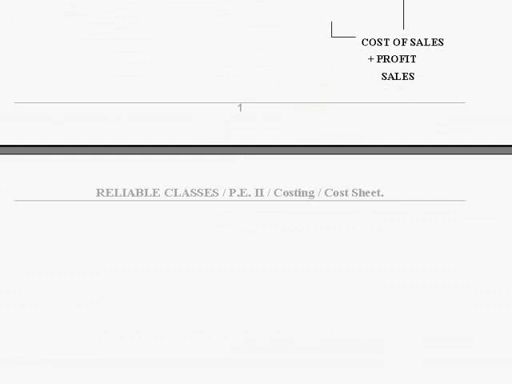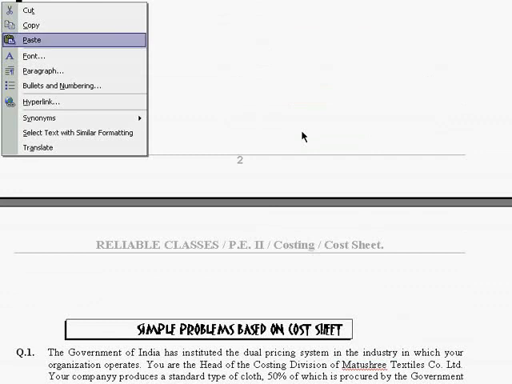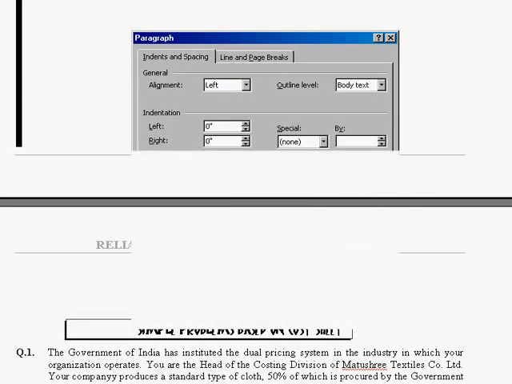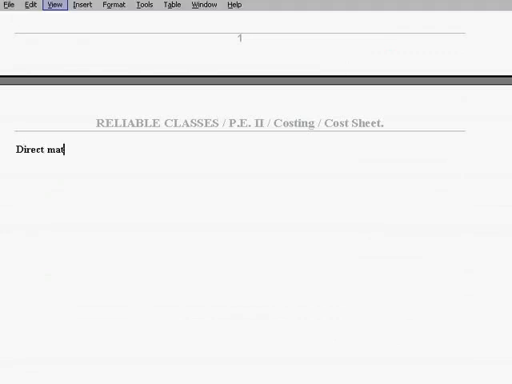Now how do we get this materials consumed or used? How do we calculate this? Look here, direct materials consumed कैसे मिलेगा?